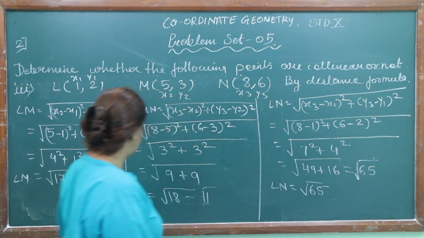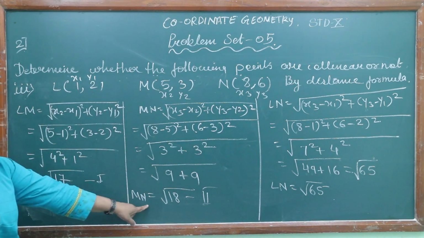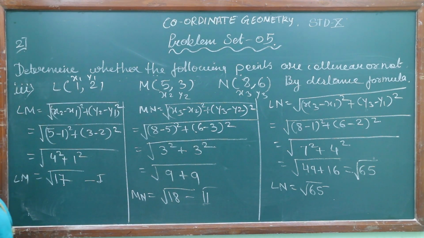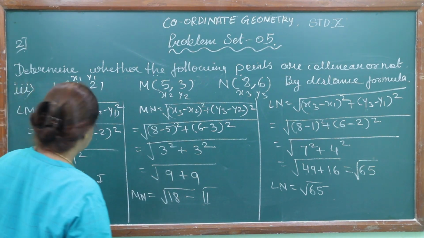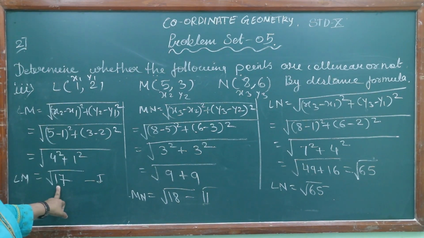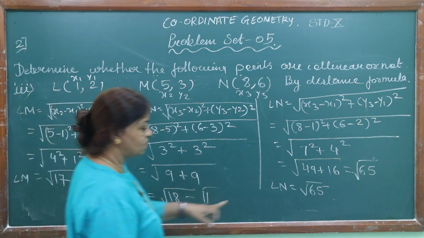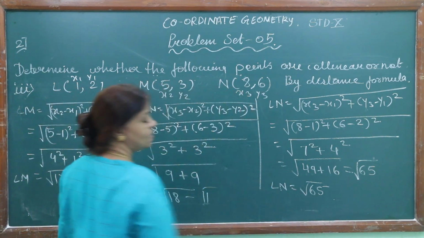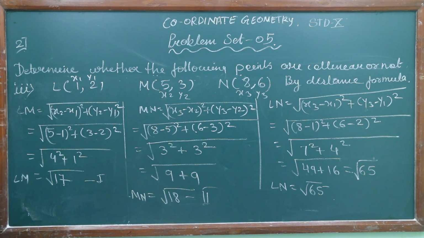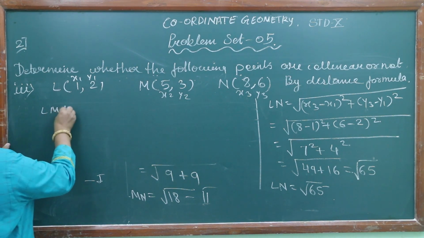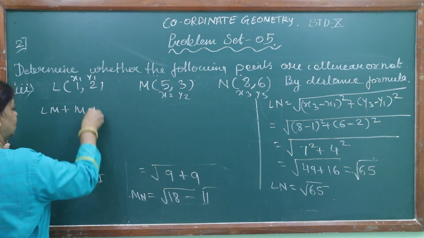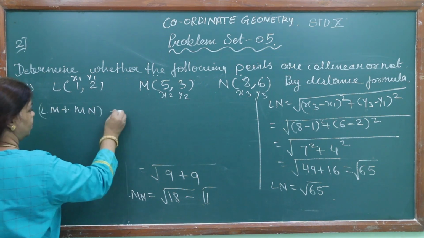LN is larger than these two. Let us see if I add them, I get this or not. See children, now this is under root 17 and this is under root 18 and this is under root 65. So this is the largest distance, under root 65. Let us compare them whether they are equal or what. I will take LM plus MN and find out how much it is.